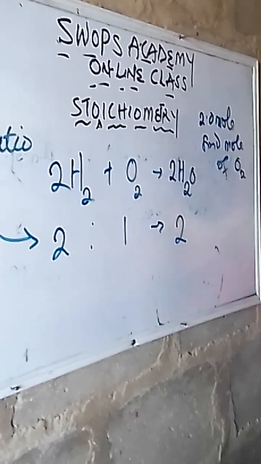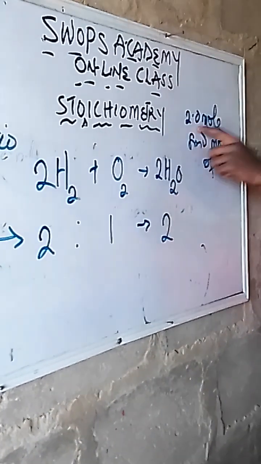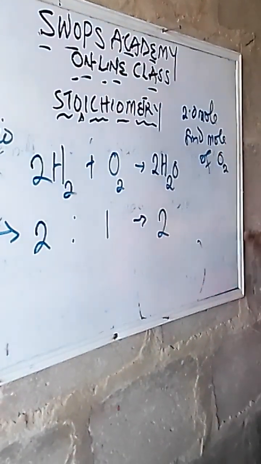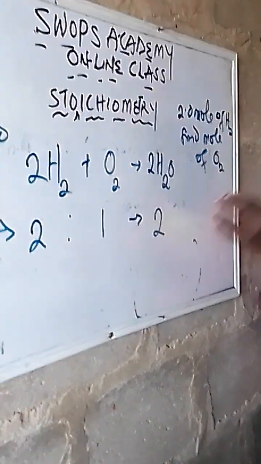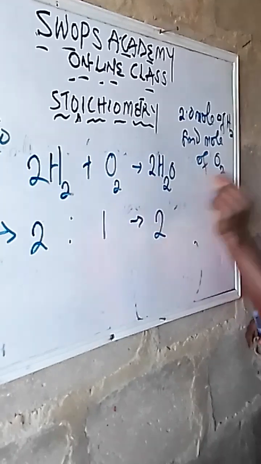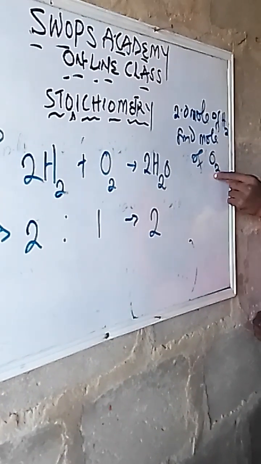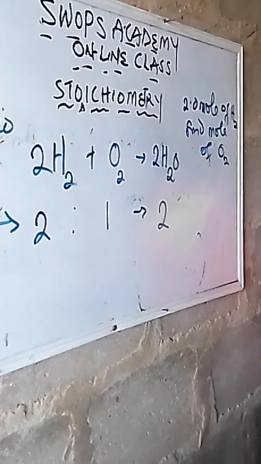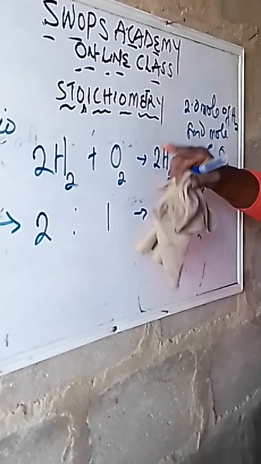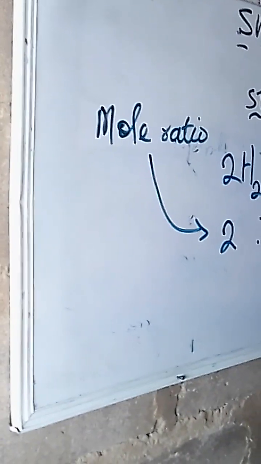How can we find that? This is a beautiful question. 2 moles of H2 reacting with O2, right? Find the mole of oxygen gas reacting with this. How are we going to find that? We need to employ the mole ratio.